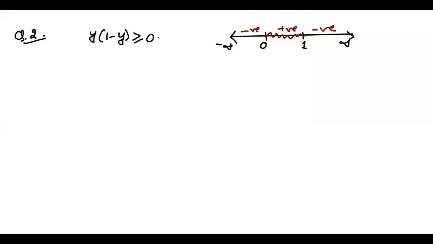So here we are getting y into 1 minus y greater than or equal to 0. Here for the positive value interval we are getting 0 to 1. So we will write y belongs to 0 to 1, but 1 we will write in open interval because we know we have taken x value root over y by 1 minus y.